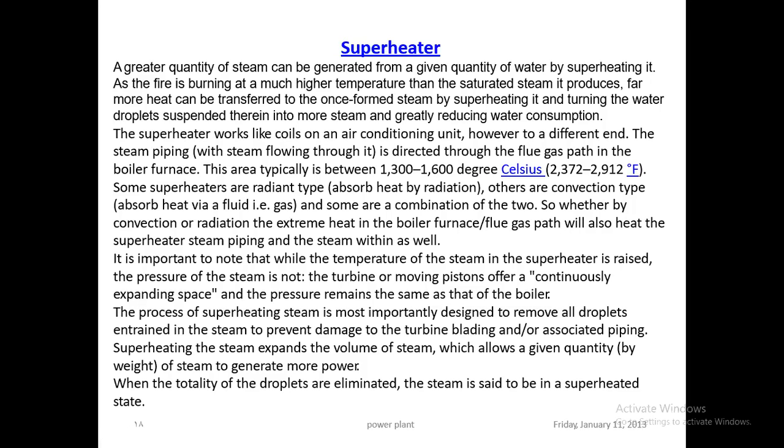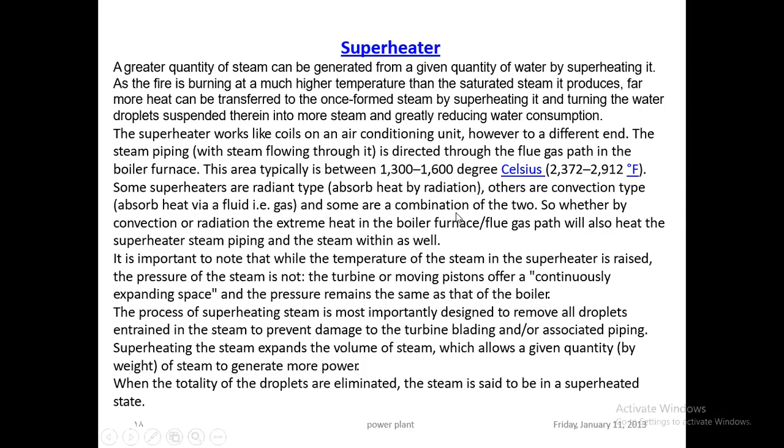Okay, coming to the next thing. Some superheaters are radiant type, that means they absorb heat by radiation. There are types of heat transfer: conduction, convection, and radiation. One of them is radiation. Others are convection type, that absorb heat via flue gases. We provide gases, and they extract the heat and transfer it to the steam.